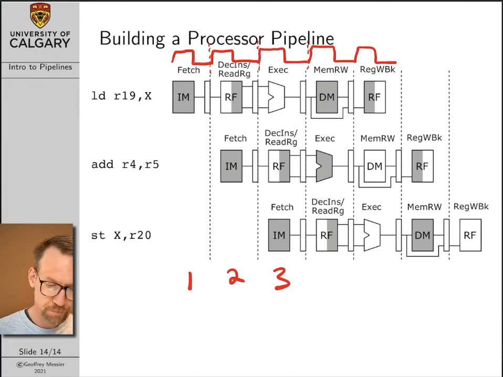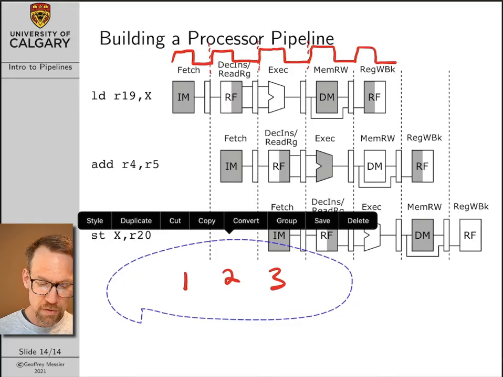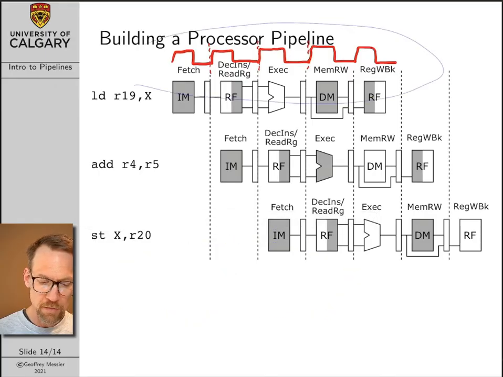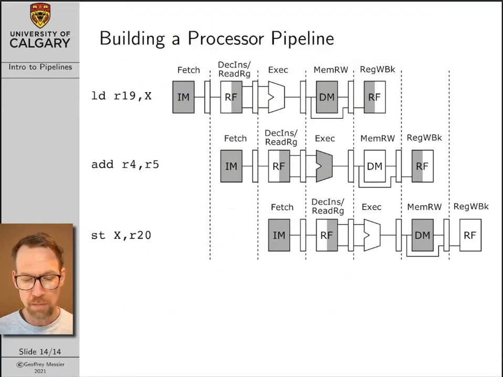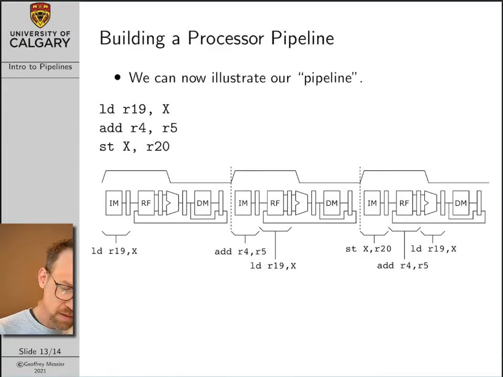So what I want to do is basically redo our pipeline example that we did with our previous diagram. I'm going to redo exactly the same example with this new style of diagram, and I'm going to flip back and forth between the 2 diagrams. So here we have our first clock period.